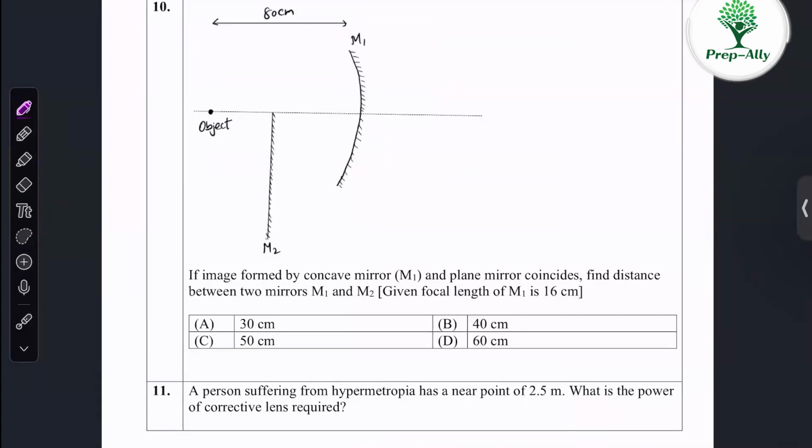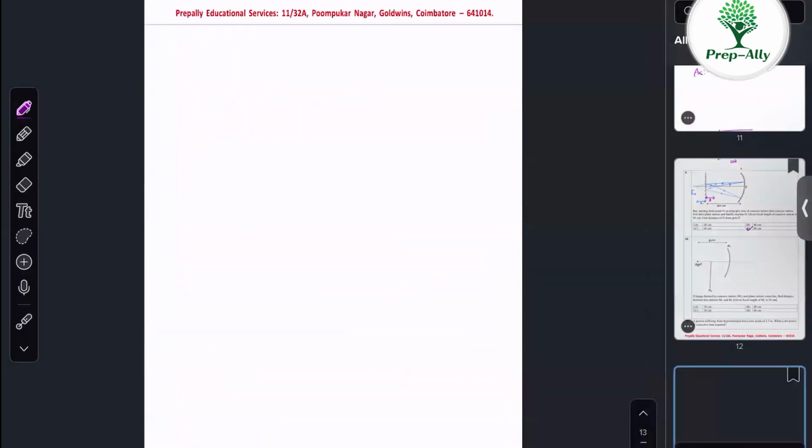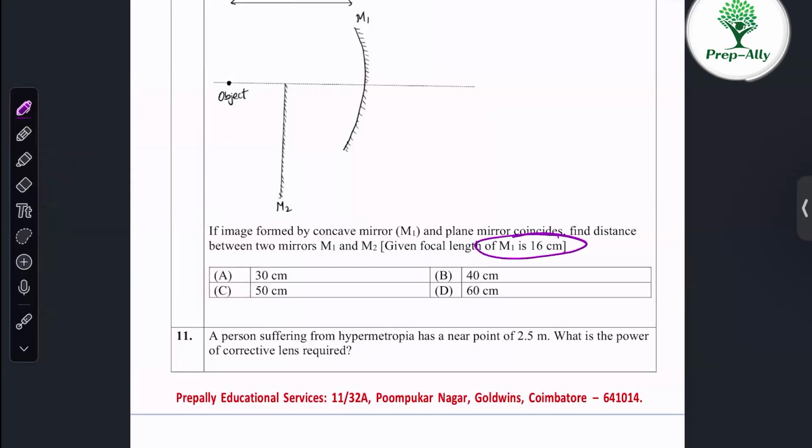Question number 10. Here they are saying the image formed by the concave mirror and the plane mirror is coinciding, and the focal length of the mirror is 16 centimeters.